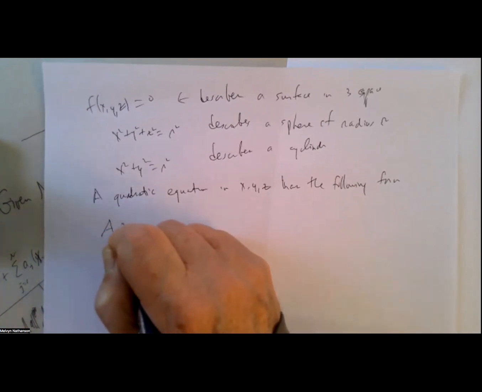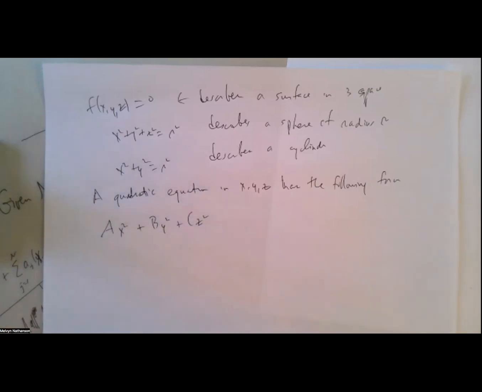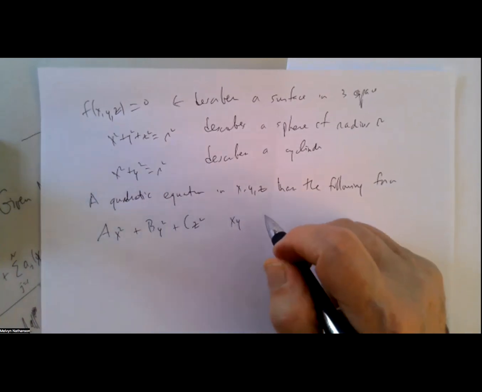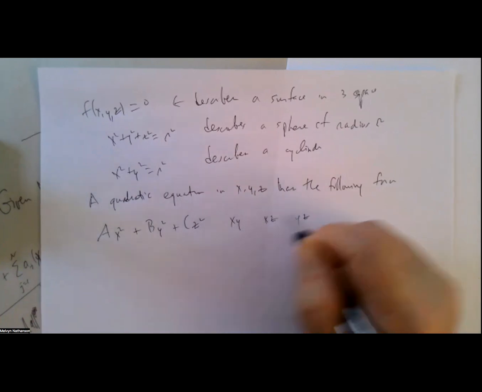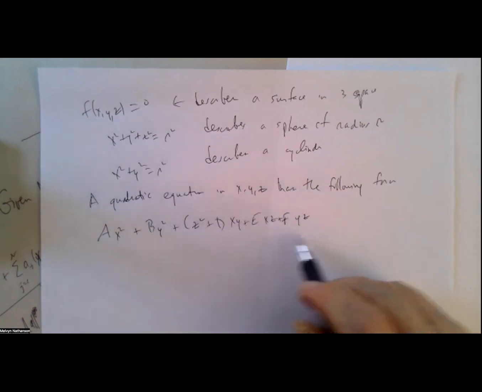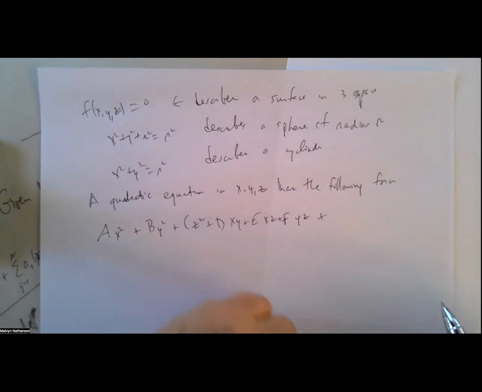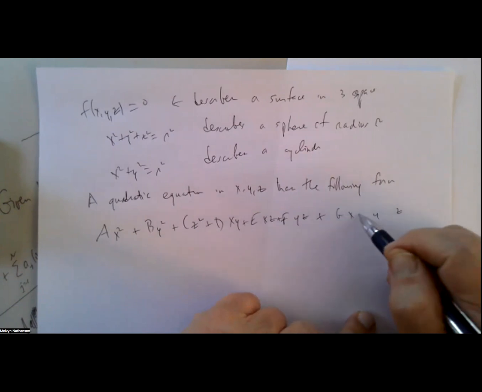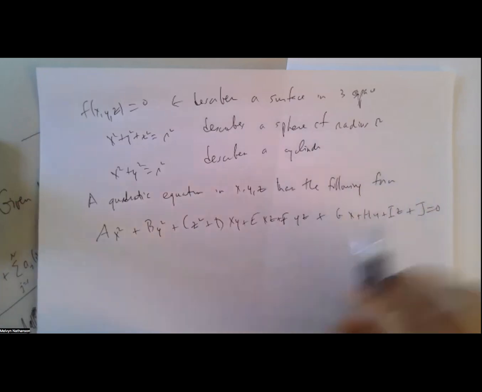So you might have ax squared plus by squared plus cz squared. Those have degree 2. Then you might have terms of degree 2 that involve two different variables: xy, xz, yz. So maybe dxy, exz, fyz. These are all the possible degree 2 terms. Then you might have terms of degree 1, x, y, and z, like gx plus hy plus iz, and you might have a constant term, plus j equals 0.